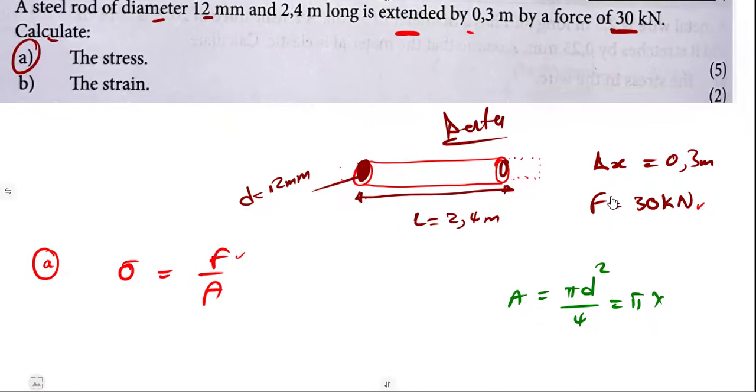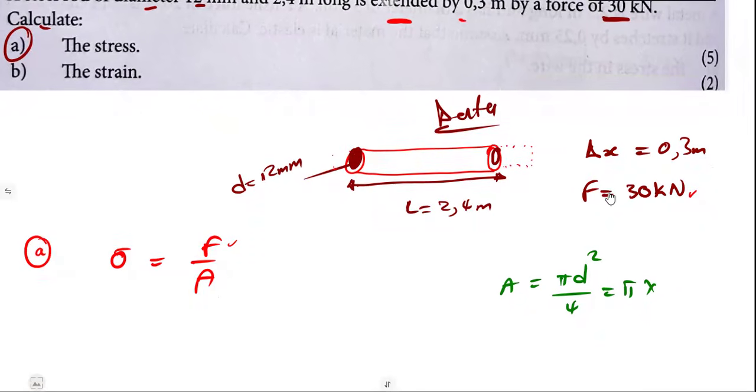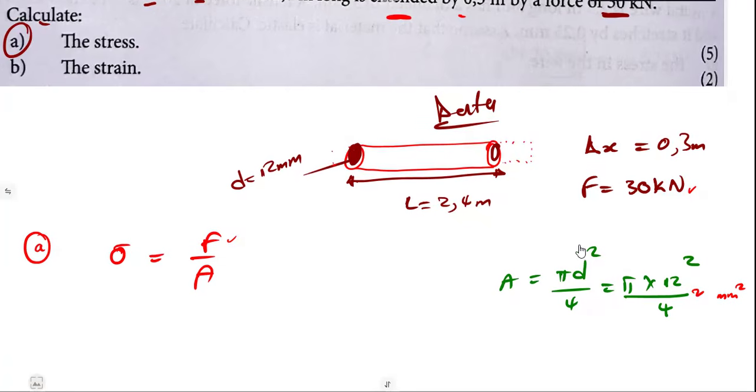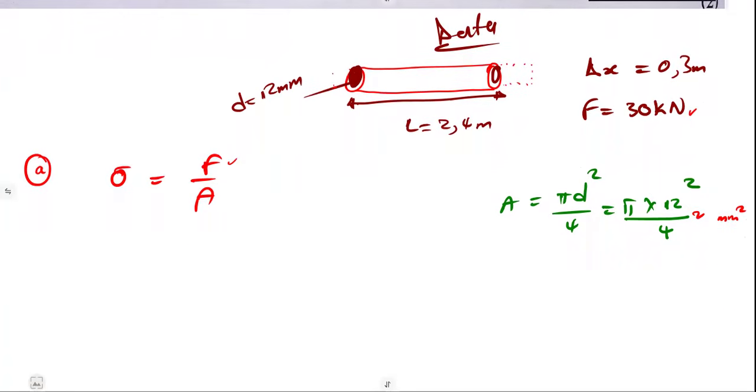For the sake of calculation, we can even just write it down. This is our diameter, which we can write as 12 squared over 4. But know that whatever you're going to have here is going to be in square millimeters. Because you've got another answer, then another answer, you can even just substitute as it is.